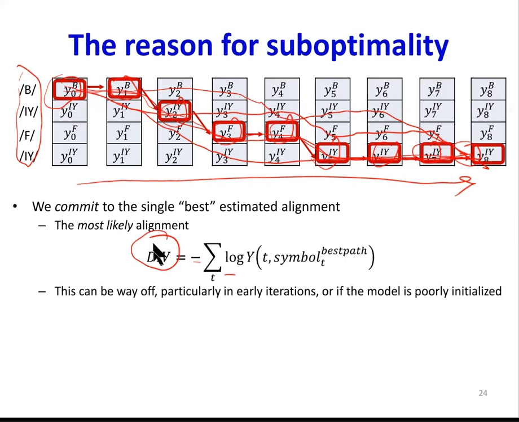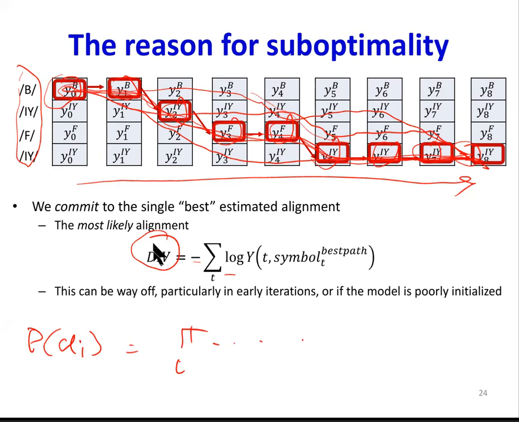Does anybody remember what the probability of an alignment was using this table? It's the product of all of the probabilities, right? So for every alignment, the probability is going to be the product over time of all the probabilities of all the symbols.